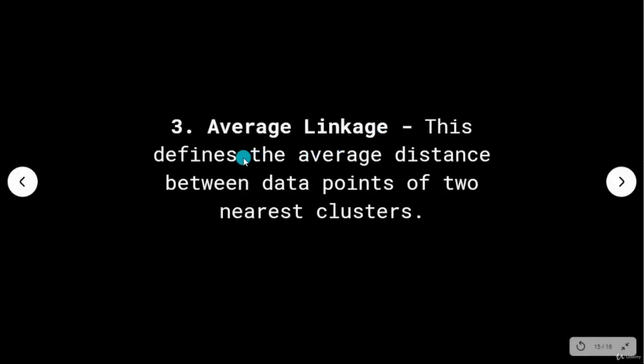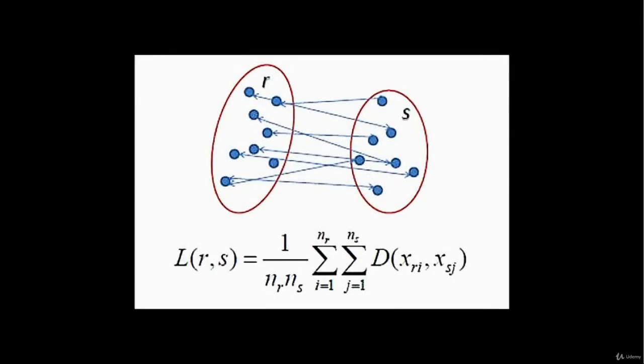Our third and last method is average linkage. This defines the average distance between data points of two nearest clusters. In the given case, the distance between cluster R and cluster S is equal to the average length.